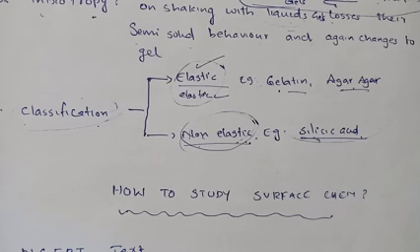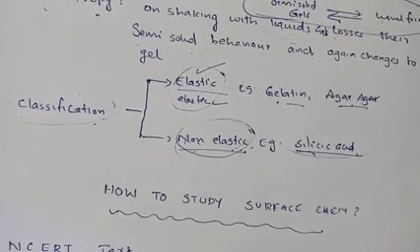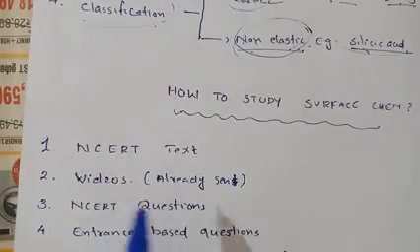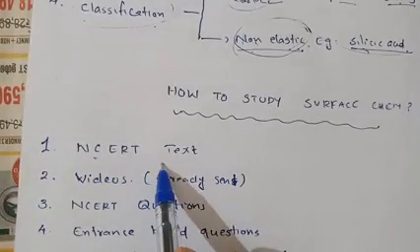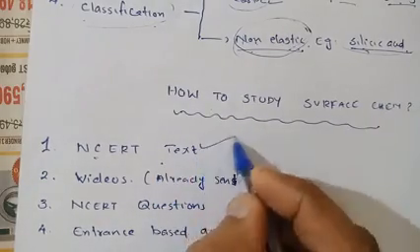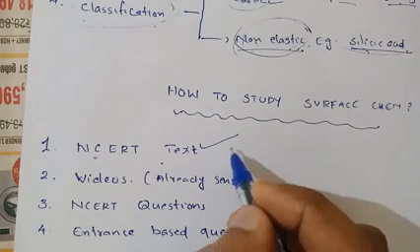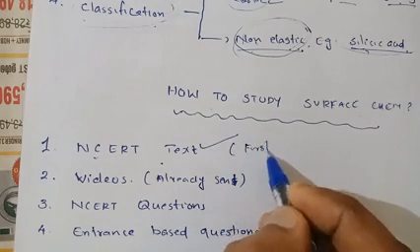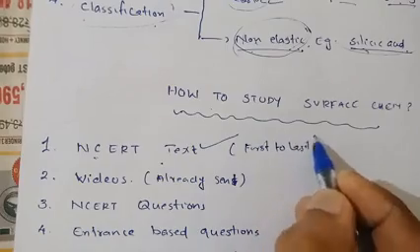So you have to study surface chemistry in the following manner. Listen, what are the things you have to study? The first one is the NCERT textbook. To study surface chemistry, you have to read the NCERT textbook from first to last. It is a very important thing.